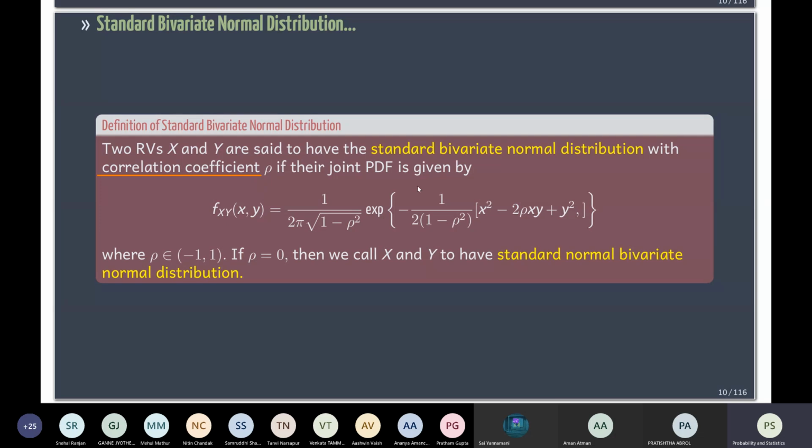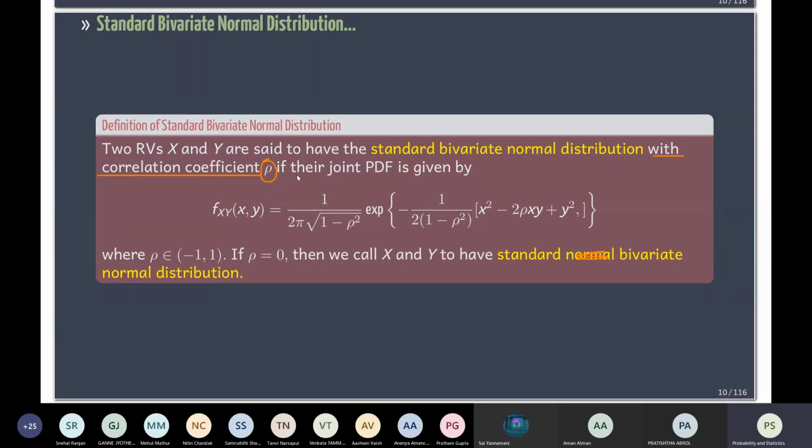There is a little bit of confusion here in the way we are saying things. One way to say it is standard bivariate normal distribution with correlation coefficient rho. And here we don't say anything about the correlation, so we just stop at standard bivariate normal.